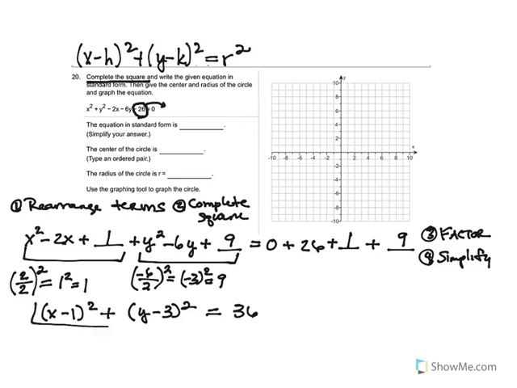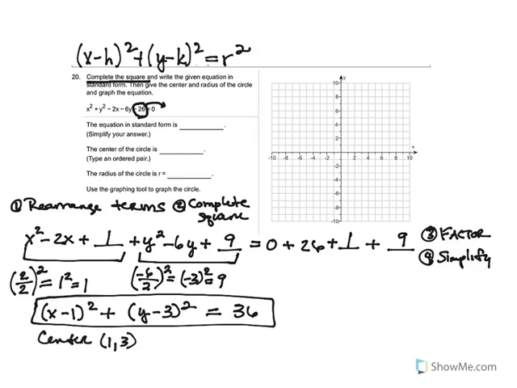Oh my goodness. It is the equation of the circle right there in my face. It's 3 steps. 3 steps. So from this, I know my center is 1 comma 3, and I know my radius is 6.